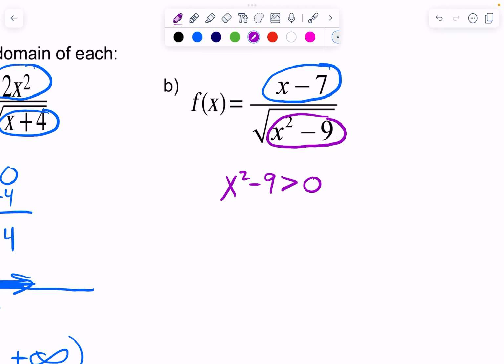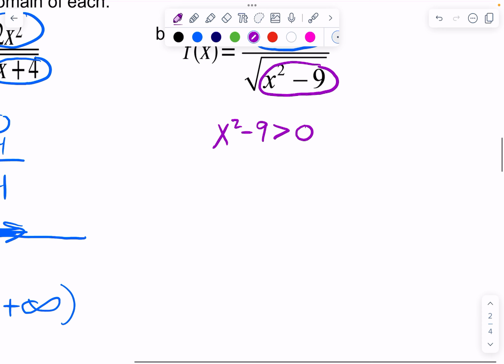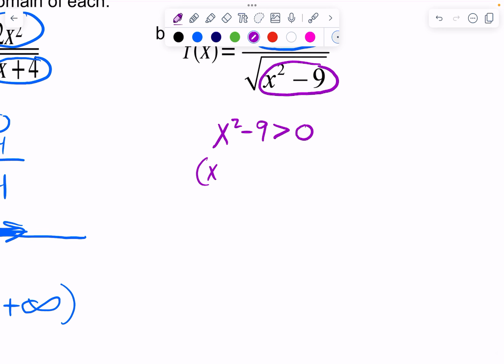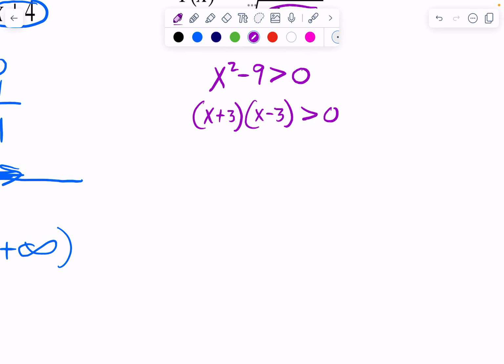If you remember, this is a difference of squares, so we're going to go ahead and factor. This is x plus 3 and x minus 3 is greater than 0. So we have a situation here. If you remember from radicals, whenever you have a radical inequality, you have to graph and use test zones.